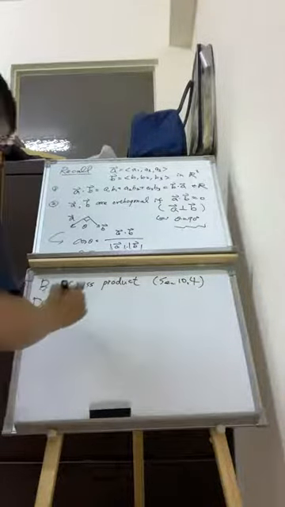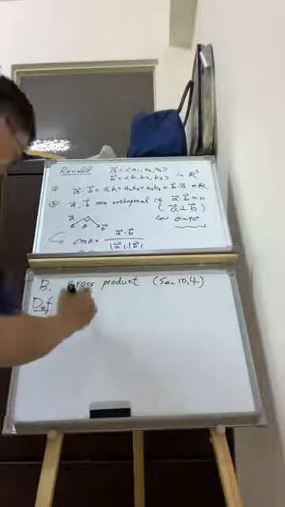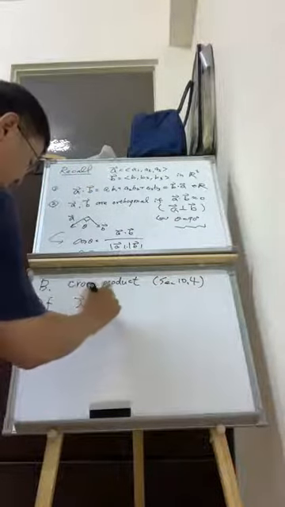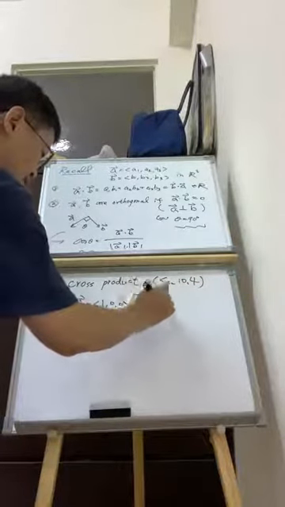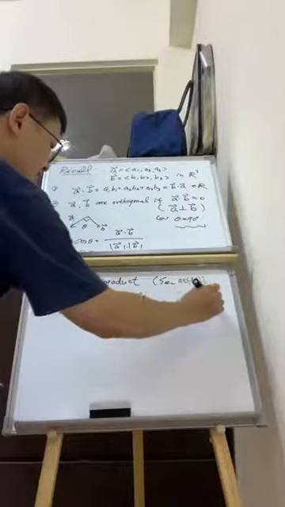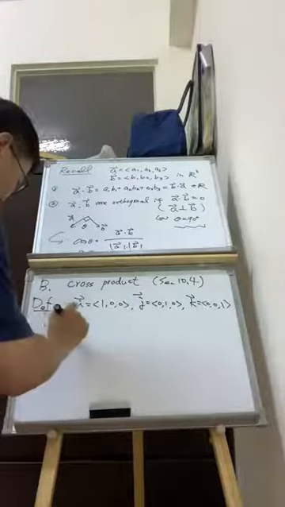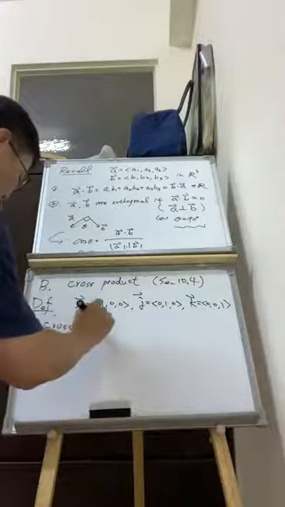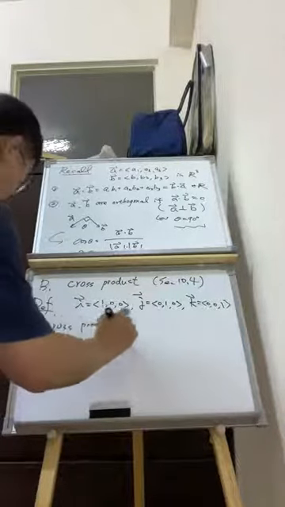We still have the two vectors A and B. We use the notation i is the vector (1, 0, 0), j is (0, 1, 0), and k is the vector (0, 0, 1). And the cross product of A and B is defined this way.